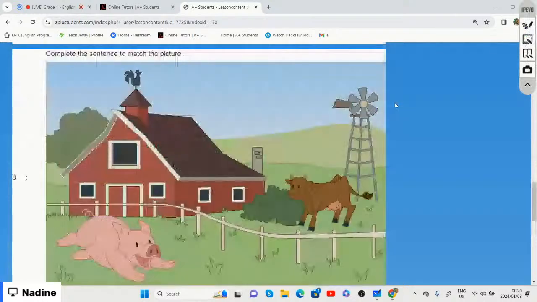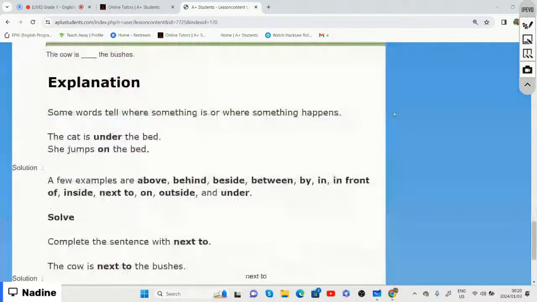All right, then once again, we said that prepositions are words that tell us either where something is or where something happens. And yes, next to is correct. Well done.